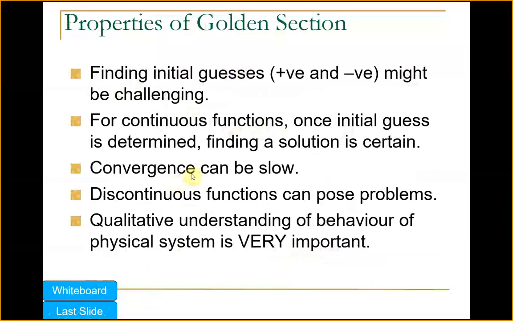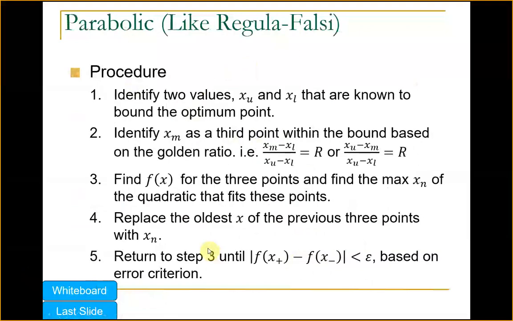Note, convergence is slow, because each step cuts the system by a fixed amount. Discontinuous problems can pose problems, the same as before for root finding. Make sure you understand your system. If you do not, the computer will tell you rubbish and you won't understand what it means.